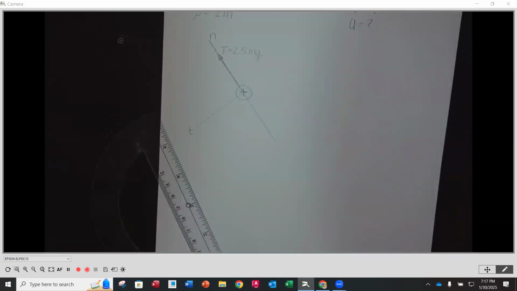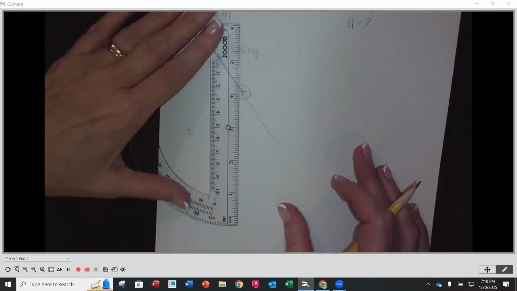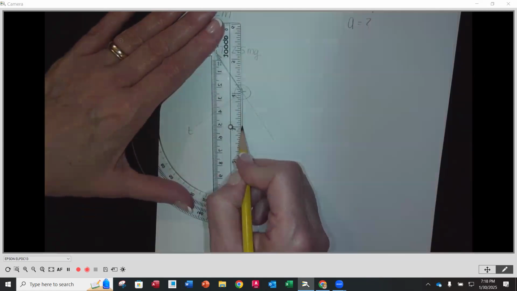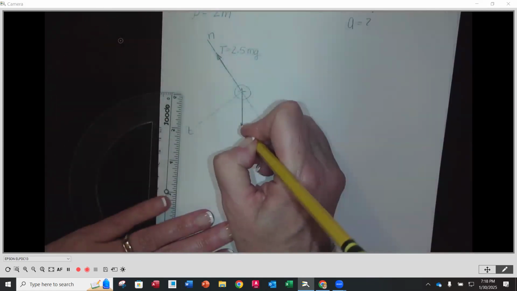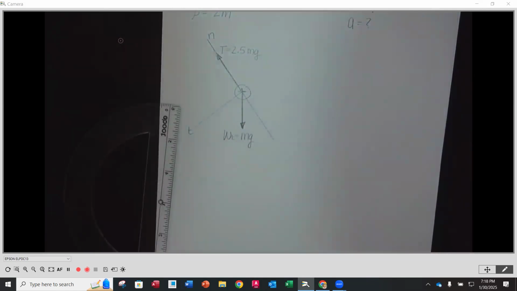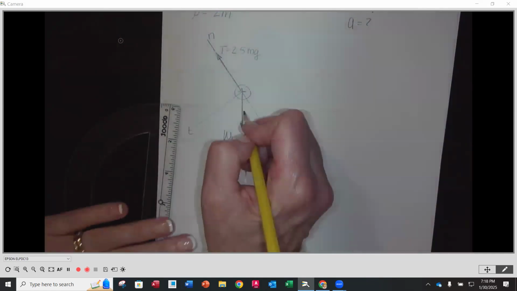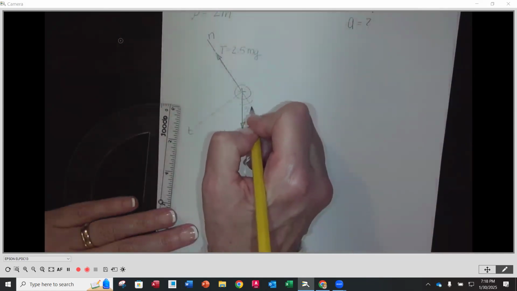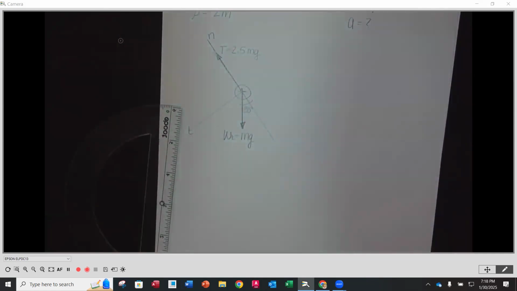We're just tilting our axis system and giving it different variables, so it's really not an X and a Y anymore because it is tilted. Then going straight down is the force, its weight, and the weight is equal to M times G. And the angle that we see here is 30 degrees.